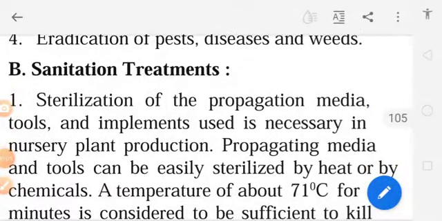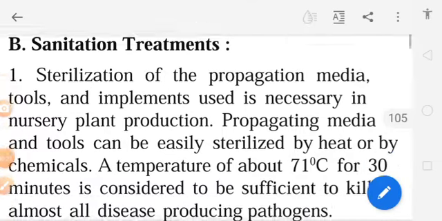Hello students, let us study the third part of nursery management. In this part we are going to study sanitation treatments.